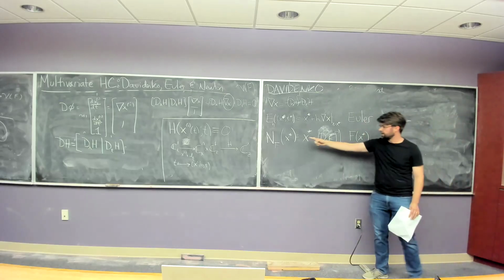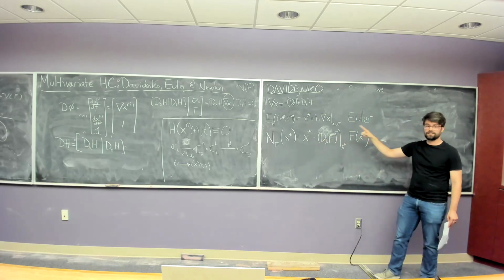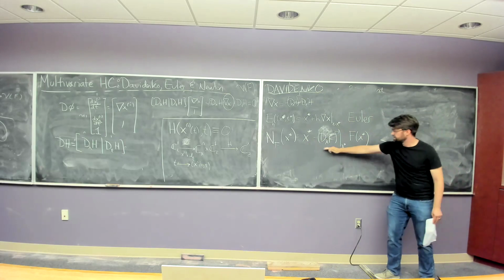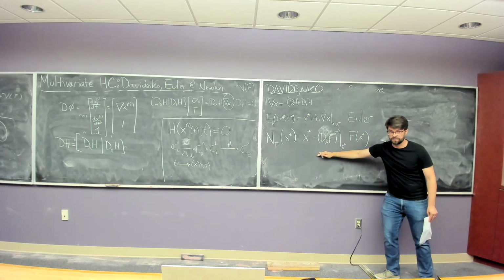Okay, so before x got updated to be x minus f of x divided by f prime of x. This is the divided by, the inverse. And this is the f prime of x.